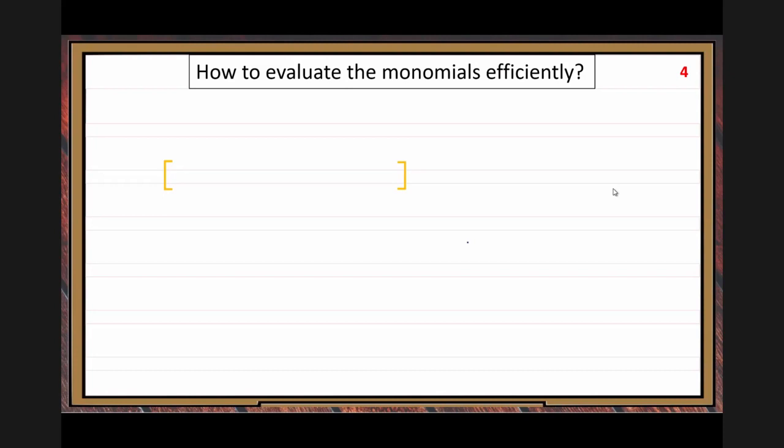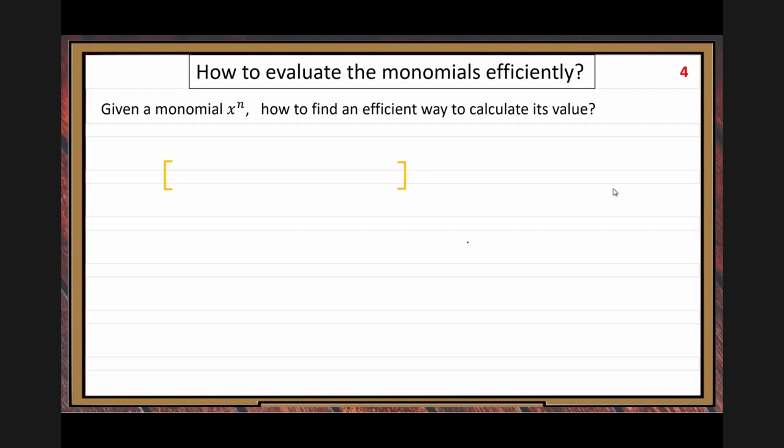Here we only look at the monomial evaluation. Given a monomial x to the n, how to find an efficient way to calculate its value. Here we use that repeated squaring technique.